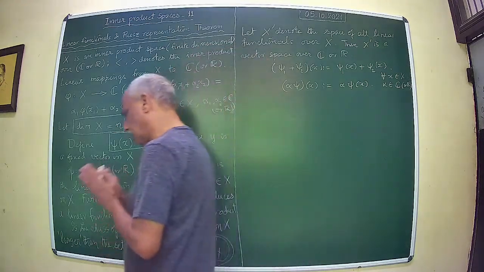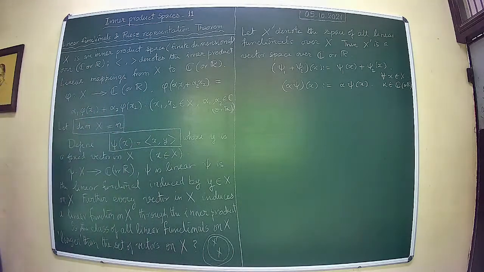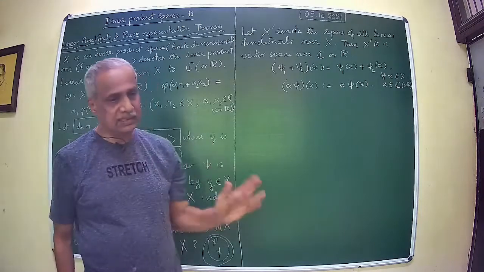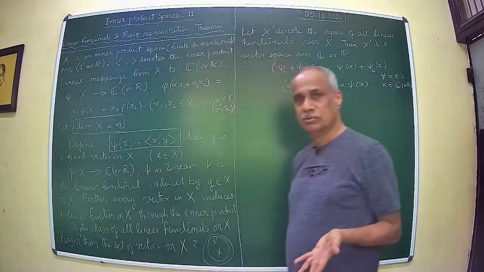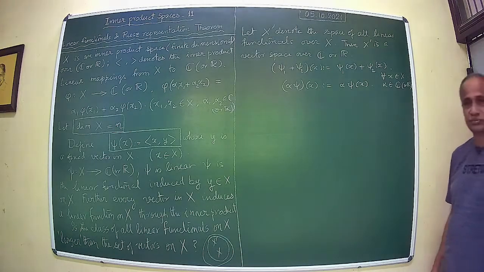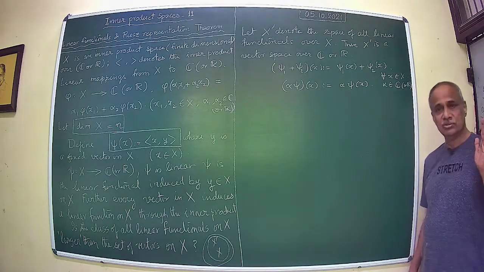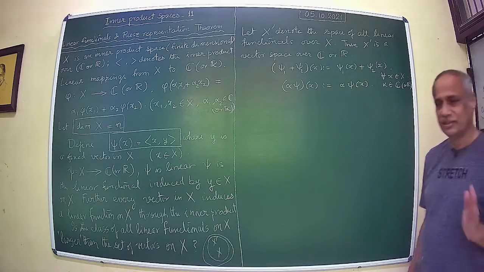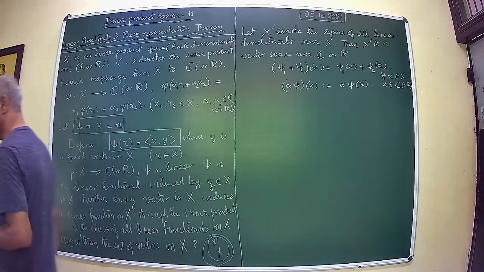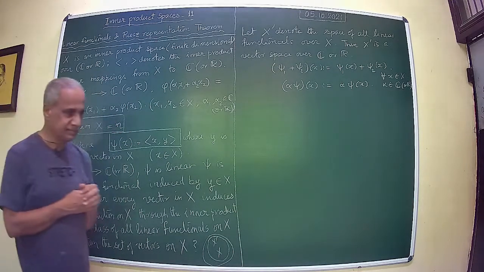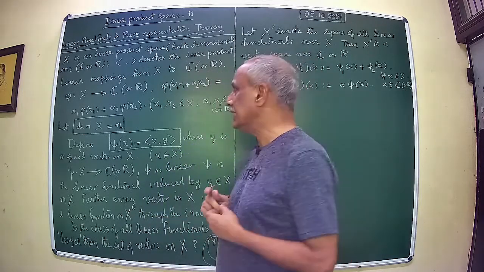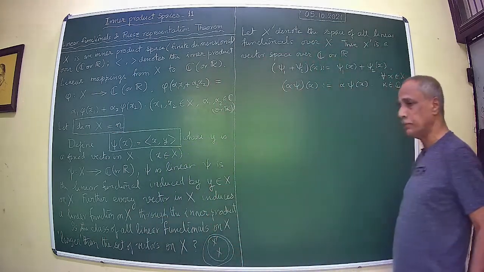Okay. But we do not know anything more about the structure of that. In fact, you recall when we considered these problems earlier, we did not have any further structure on x or x prime. But now, x is also endowed with what you call an inner product, which in turn induces a norm, which in turn induces a metric. Therefore, x is a metric space. So, there is rich structure. Okay, right? And as a linear space, you can introduce x prime.